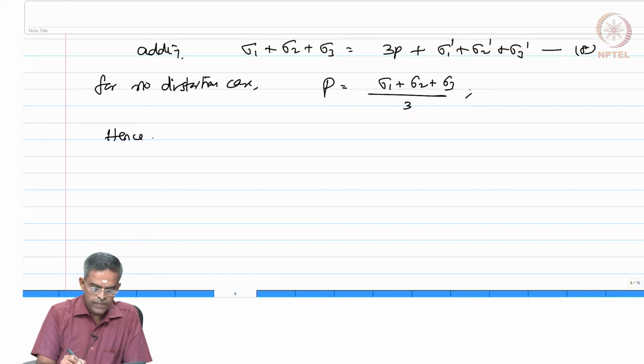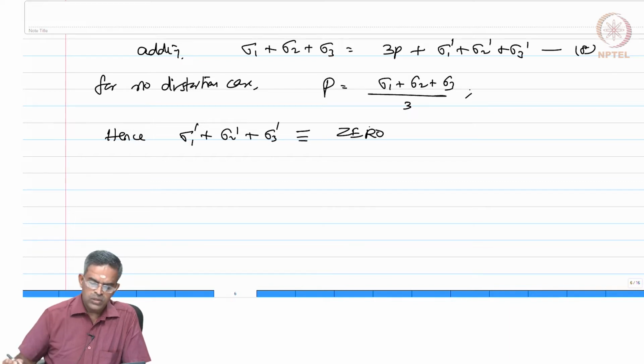Hence, sigma 1 dash plus sigma 2 dash plus sigma 3 dash should be 0, is it not? For the no distortion case.